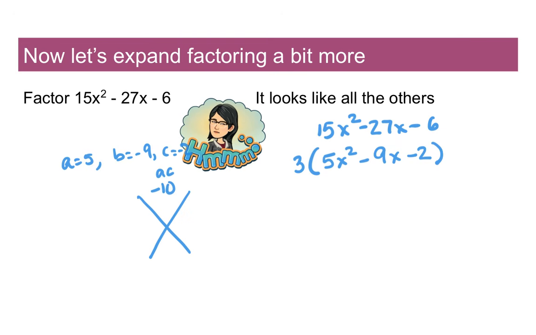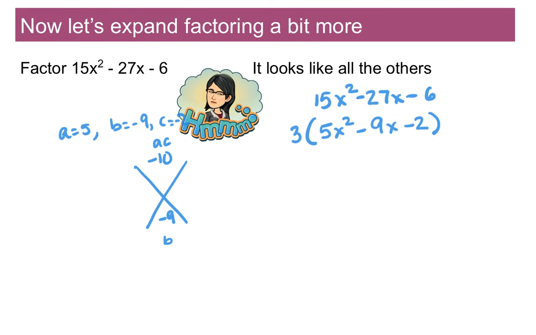This is AC, and then B is negative 9. So we're looking for factors of negative 10 which, when added together, will give me negative 9. And I think what will work really well is negative 10 and 1. So those are going to end up working out for us.